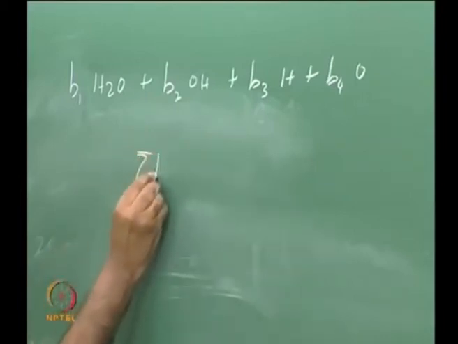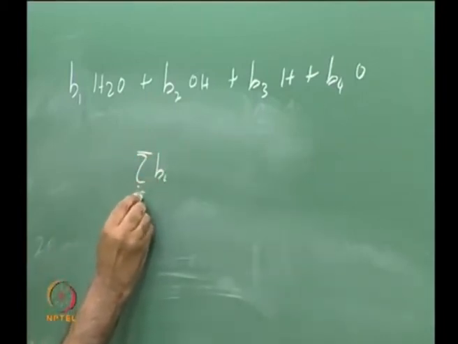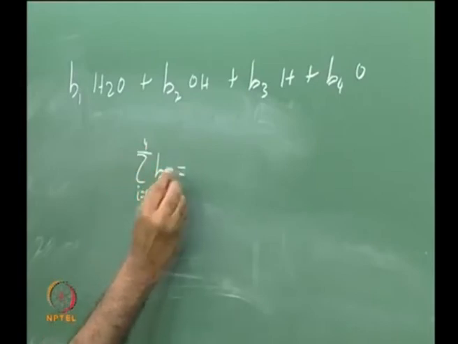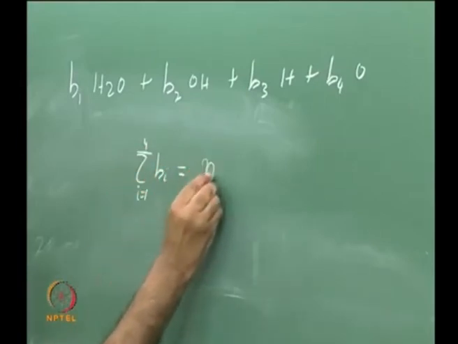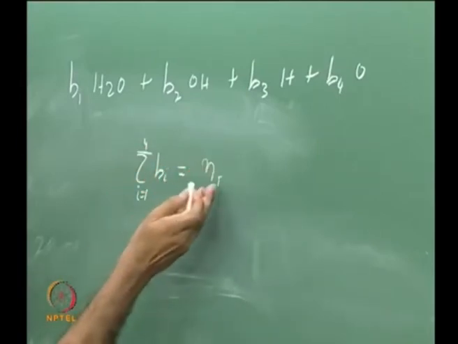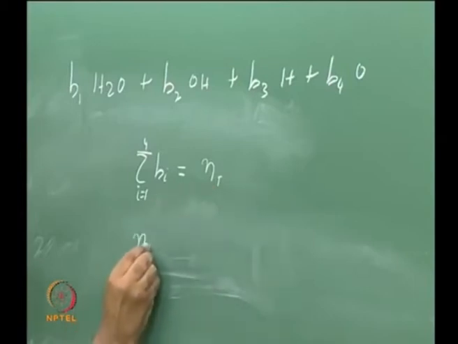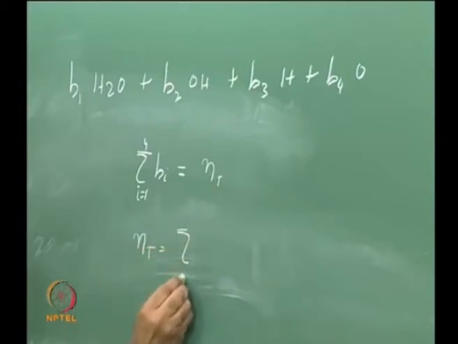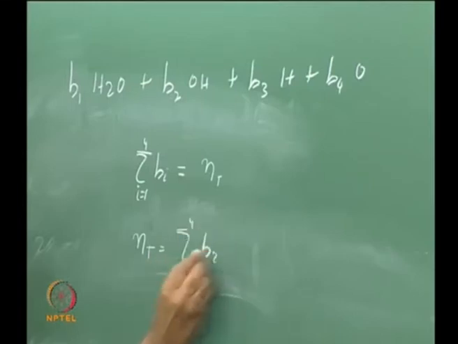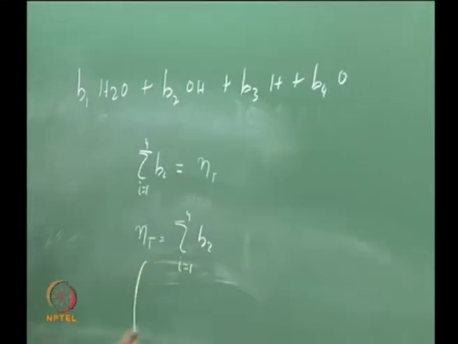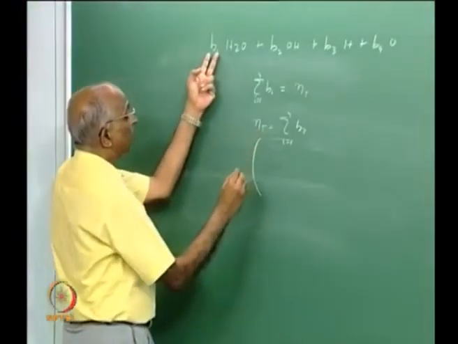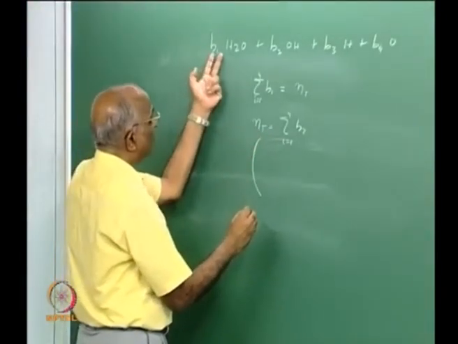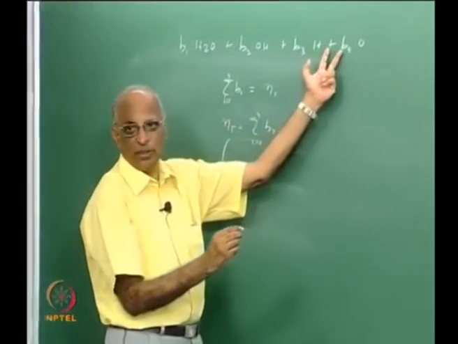Then we said the summation of Bi as i goes from 1 to 4 must be the same as the total number of moles which we have assumed. If it is not so, let me again assume N2 is equal to the summation i equals 1 to 4, and repeat the calculations till I get consistent, converged values, the same values of B1, B2, B3, B4 coming.